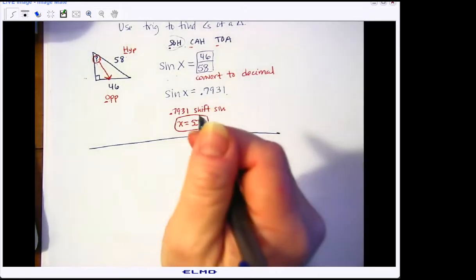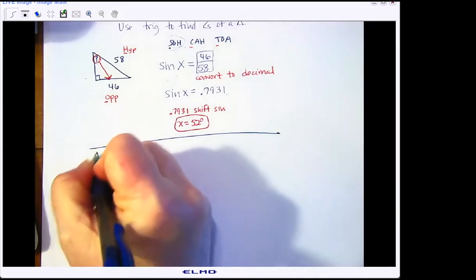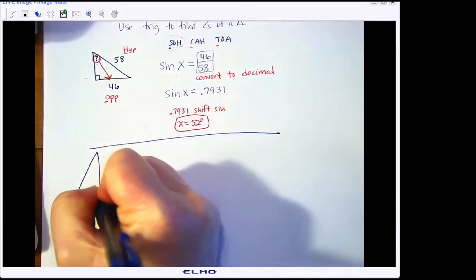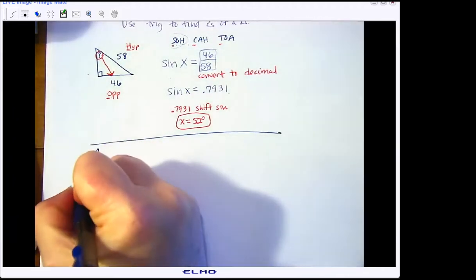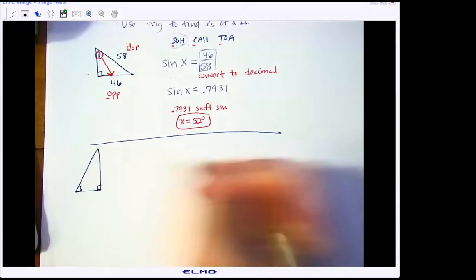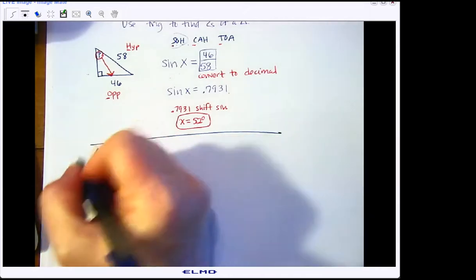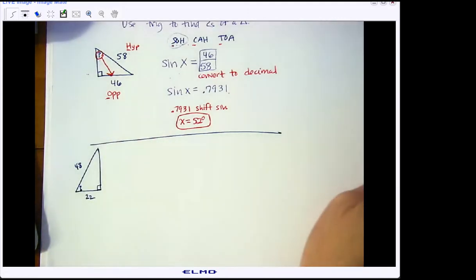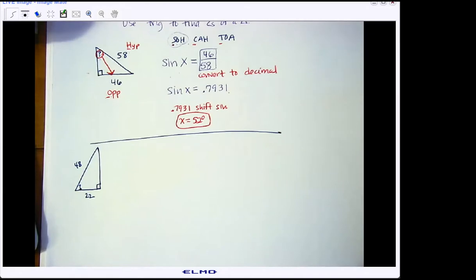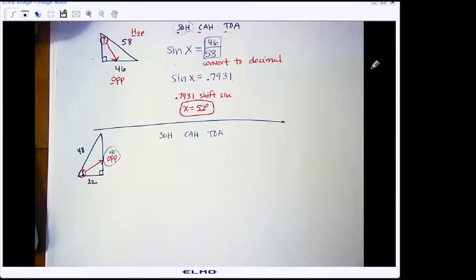Okay, so let's do, so here's my angle down here that I want to find. This is 22 and this is 48. So go ahead and put in the chat box, am I going to use sine, cosine, or tangent?